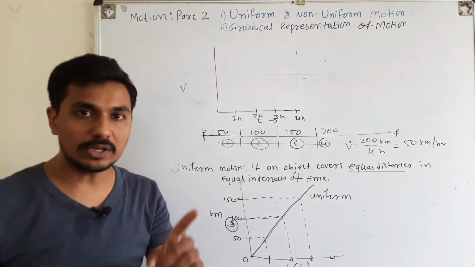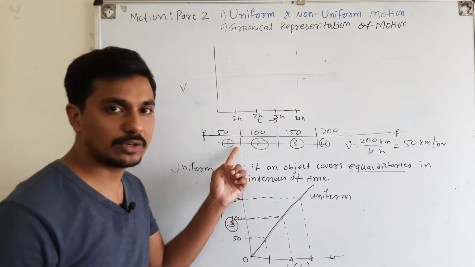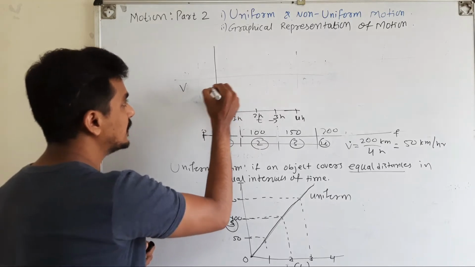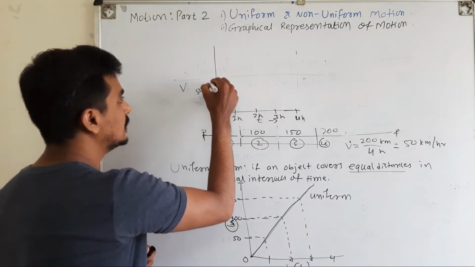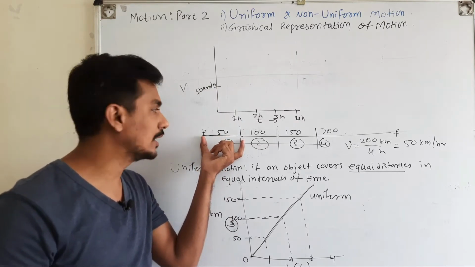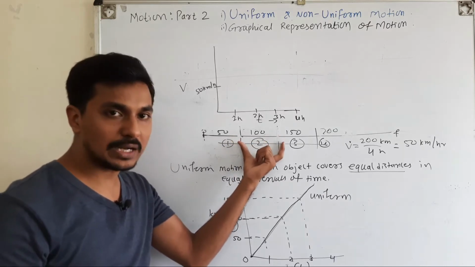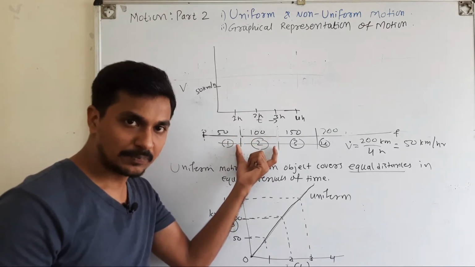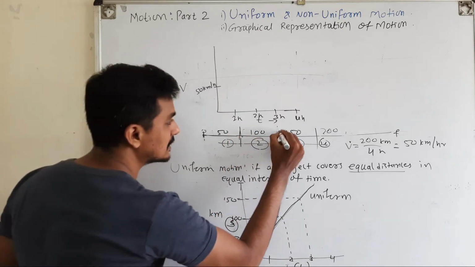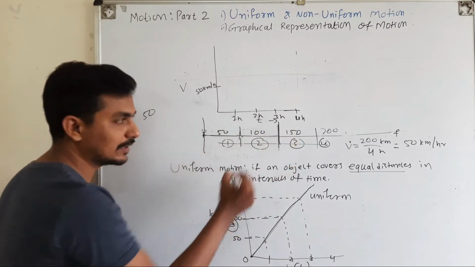It means in 1 hour the object covers 50 kilometer. So here, see, first hour 50 kilometer. What is the speed? 50 kilometer per hour. In the second hour, again the distance covered in 1 hour is 50 kilometer, because the total distance is 100 kilometer.